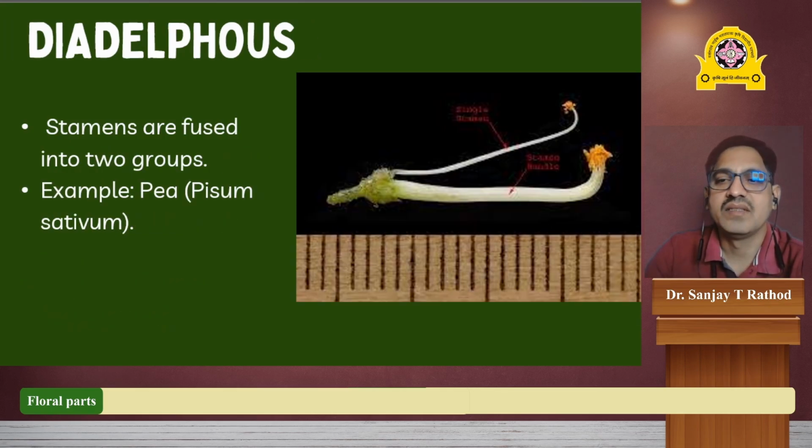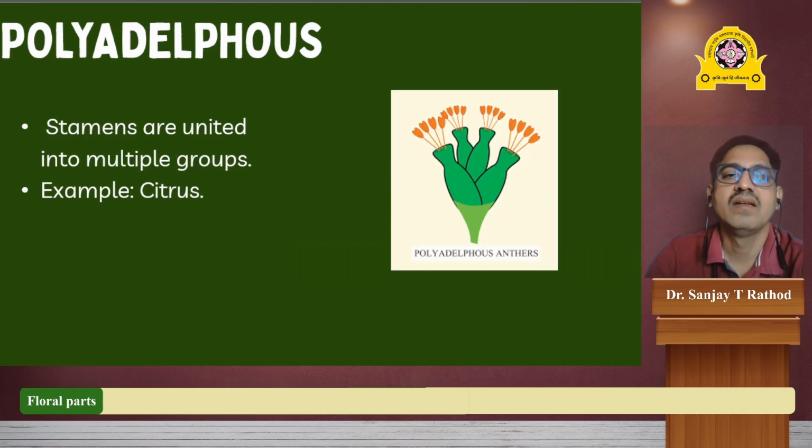Then diadelphous. You can see here in case of most of the pulses, nine stamens are united or fused and one will remain free. That is the meaning of diadelphous. What does polyadelphous mean? Stamens are united into multiple groups. The example is citrus.